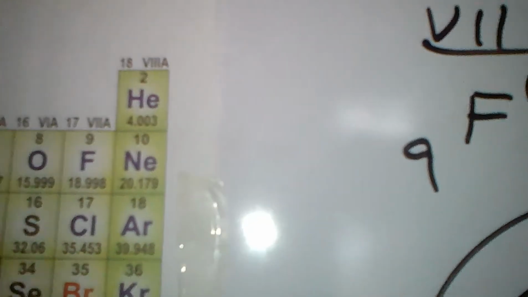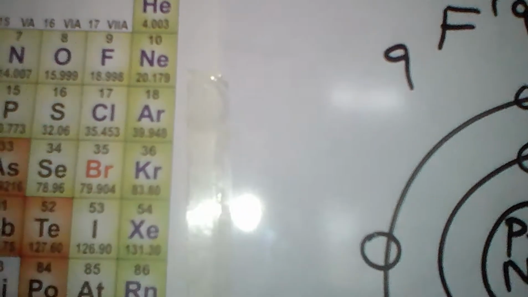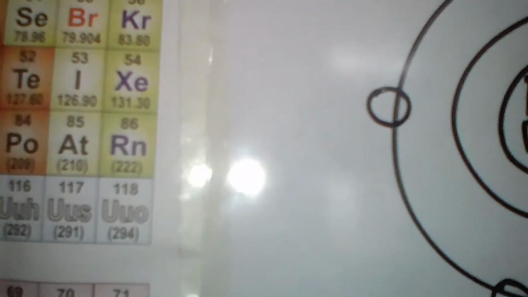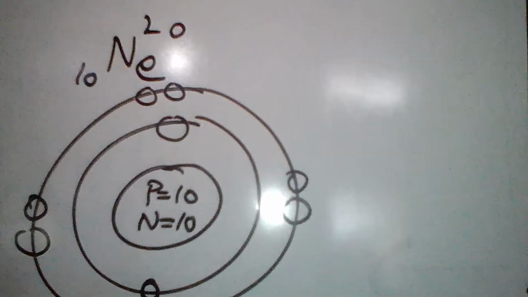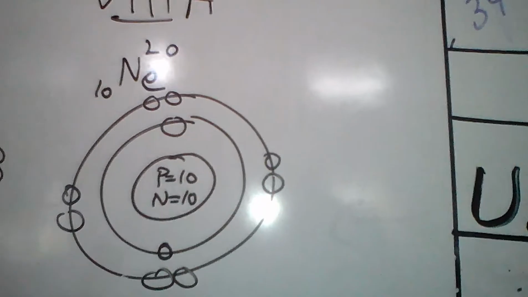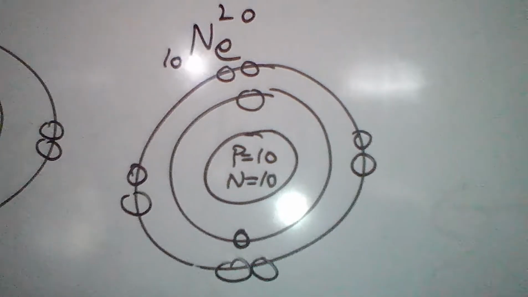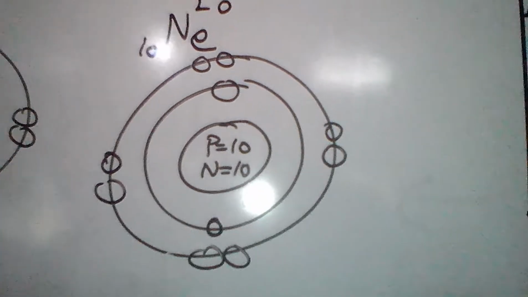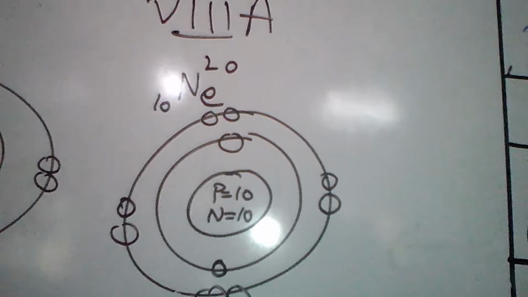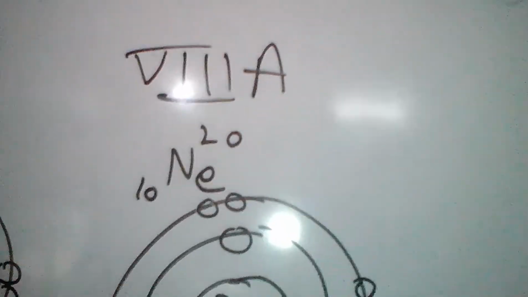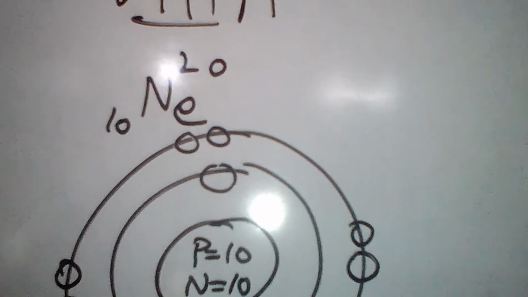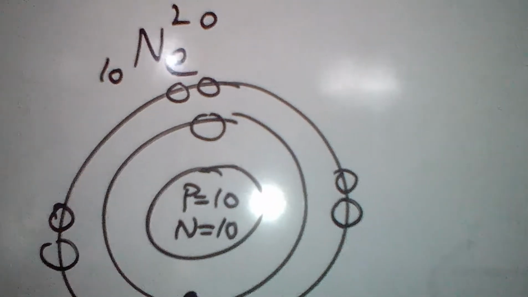The 8th A group contains helium, neon, argon, krypton, xenon and radon. They should either obey the octet rule or the duplet rule. These two terms I'll explain in my next videos. Now I'll give you an example of an 8th A group element, neon, which obeys the octet rule.